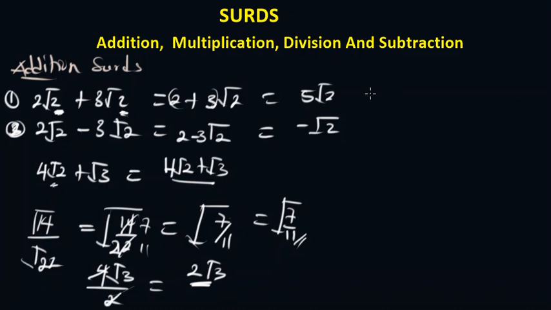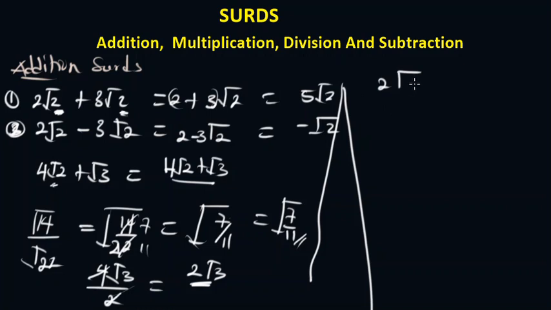Another example we can look at is when you have 2 root 3 over 3 root 4. How do we go about this one? You can see that here the roots are not the same.